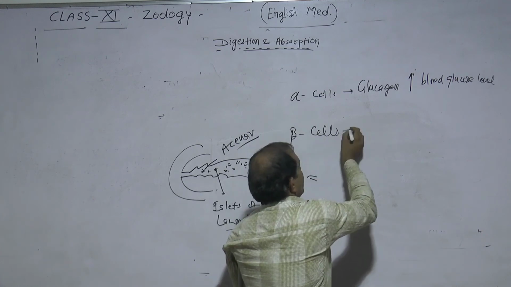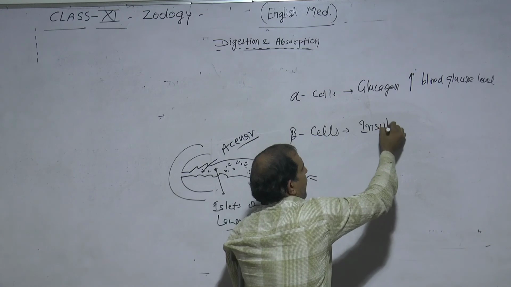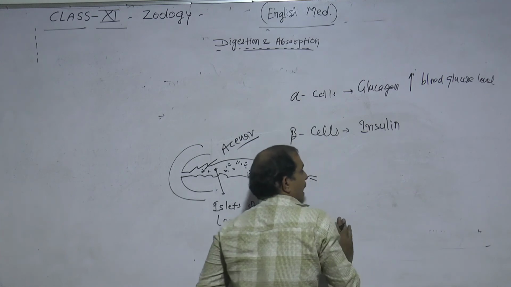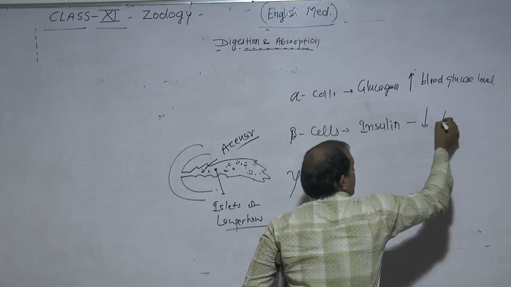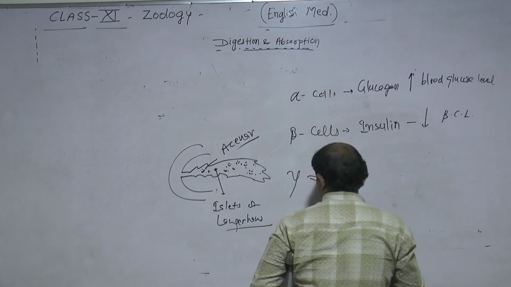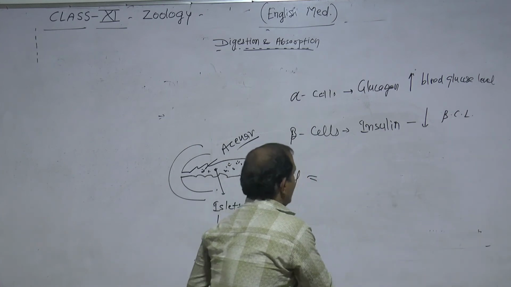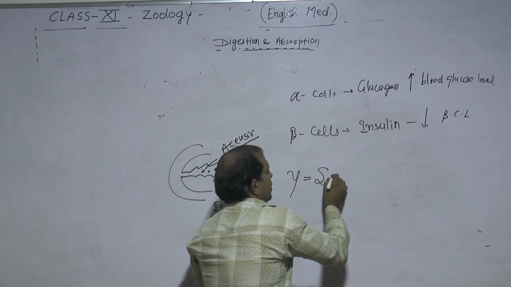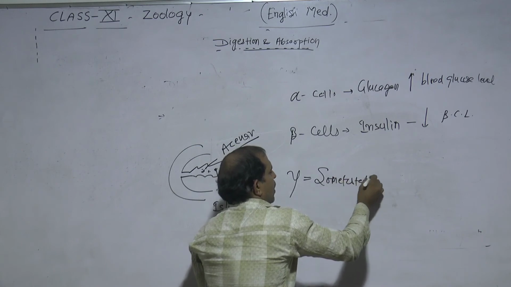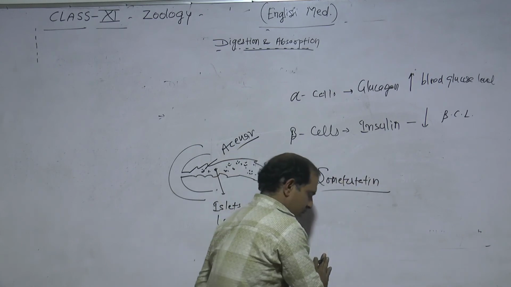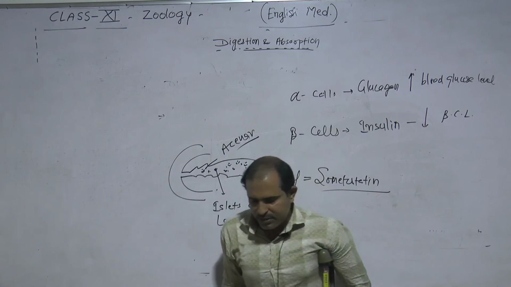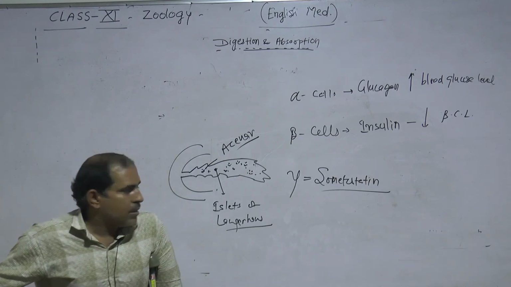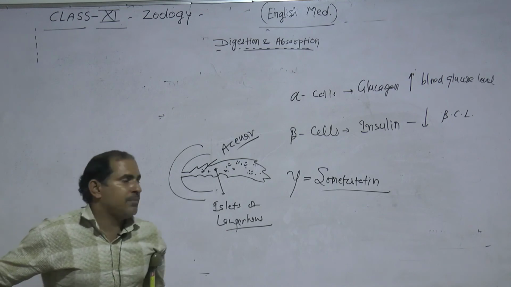The beta cells secrete insulin hormone, and insulin decreases blood glucose level. And the delta or gamma cells secrete somatostatin hormone, which is an inhibitory hormone, and somatostatin controls the activity of alpha and beta cells.